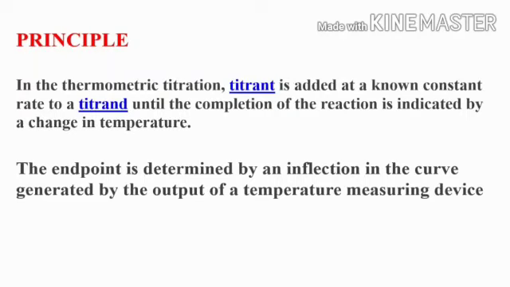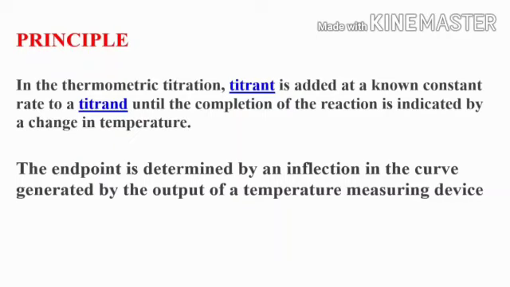In thermometric titration, titrant is added at a known constant rate to the analyte until the completion of the reaction is indicated by a change in temperature. The change in temperature of the reaction solution is plotted against the volume of the titrant that is added.